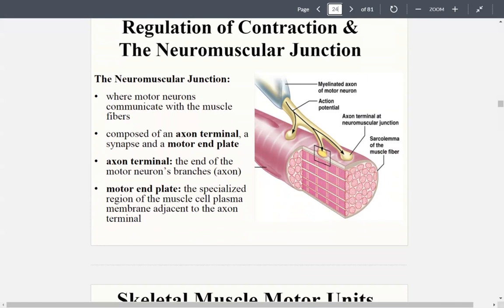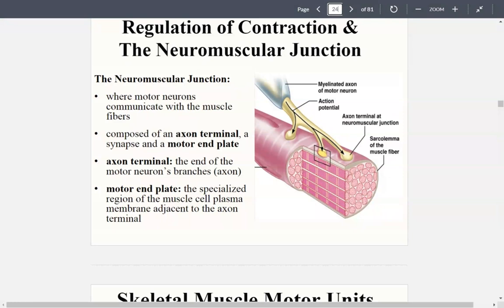Now, where the motor neuron encounters the muscle fiber, the end of that motor neuron is going to be referred to as the axon terminals, or the ends of that particular motor neuron branch where it makes contact.